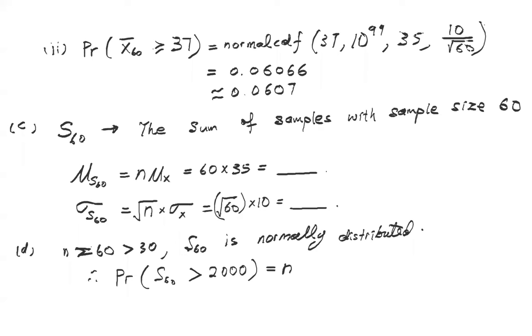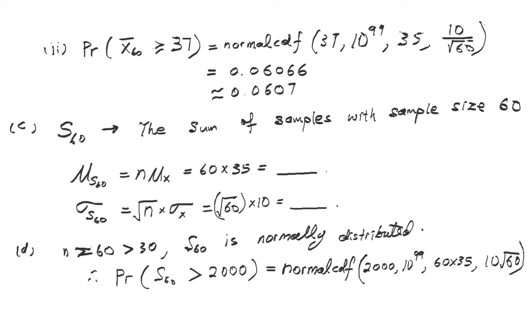So you're supposed to use, yes, normal. You're right, normal CDF. So for all these types of questions, you better write down the normal CDF, what are the mean you put in, what are the standard deviation you put in, so that if you get the wrong answer, at least the examiner can give you the mark. So this will be 2000, comma, 60 times 35, comma, 10 times square root of 60.